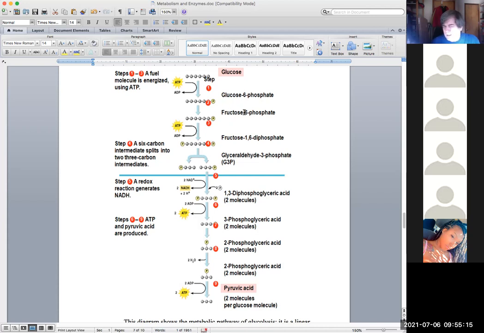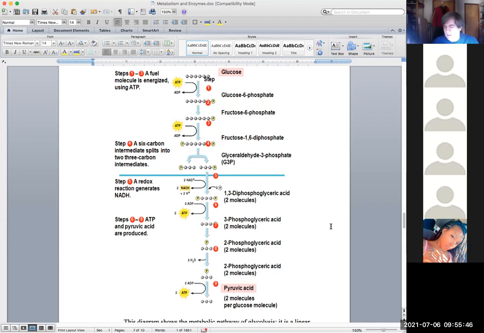So our product won't be fructose 6-phosphate, it will be fructose 1,6-diphosphate, or it's sometimes called fructose 1,6-bisphosphate. Di means 2. So where are the phosphate groups located? There's one on the 1st carbon over here, and there's one on the 6th carbon over here. Then we're going to use fructose 1,6-diphosphate as a reactant.